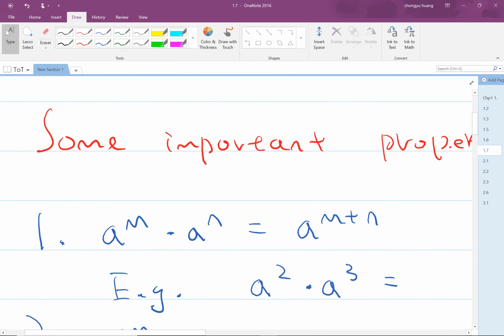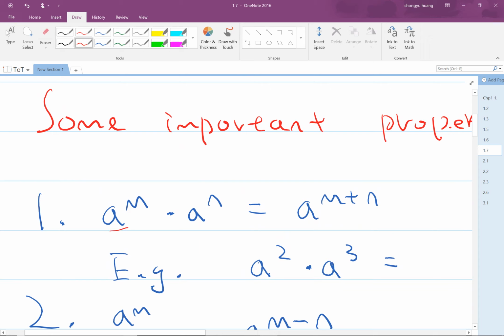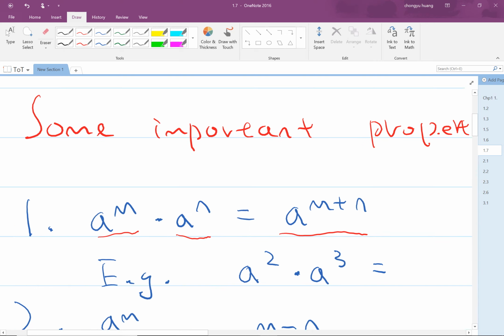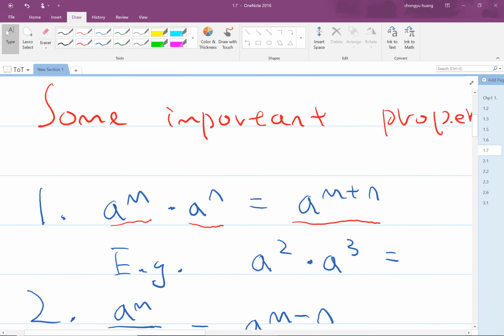The first one is a to the power m multiplied by a to the power n, and that is just equal to a to the power m plus n. One example is a to the power 2 multiplied by a to the power 3.